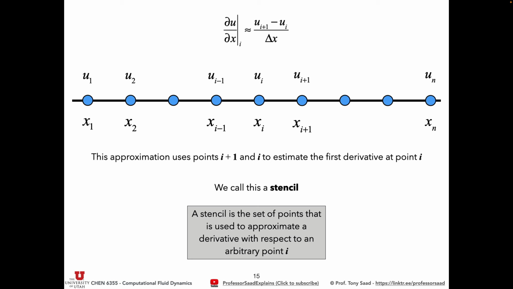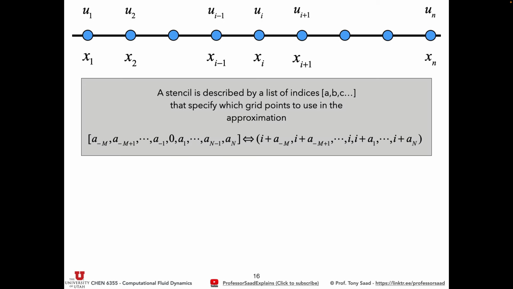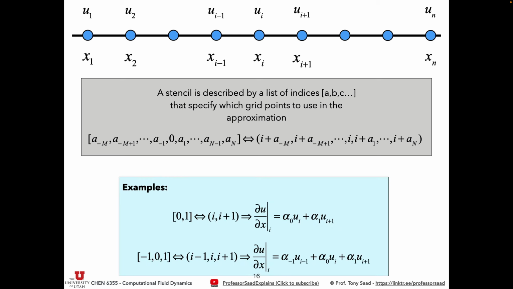A stencil is the set of points that is used to approximate a derivative with respect to an arbitrary point i. It has a very strict, nasty, very mathematical definition, shown like this. Don't worry about it. Here are some examples. Let's say you want to approximate the derivative at point i using stencil points 0, 1.